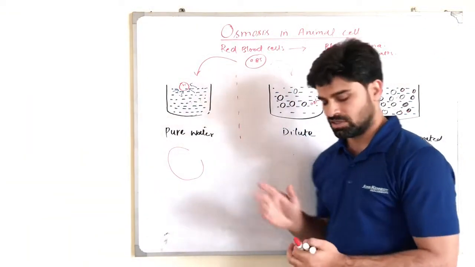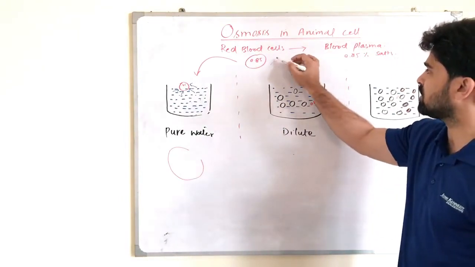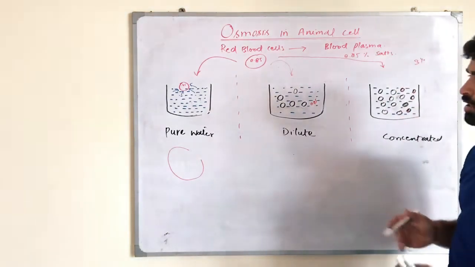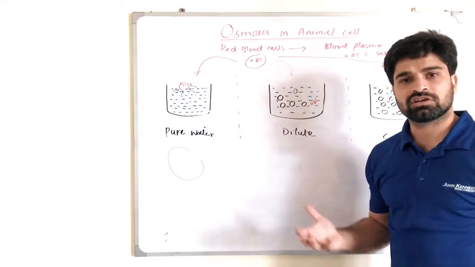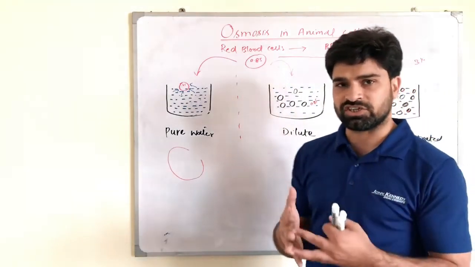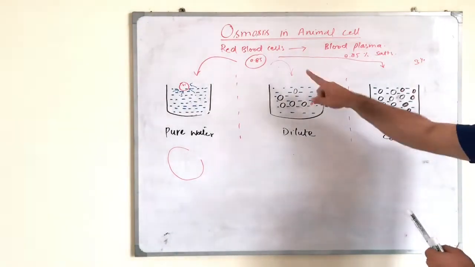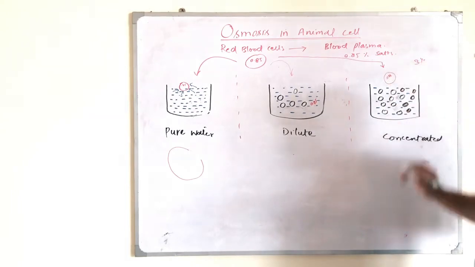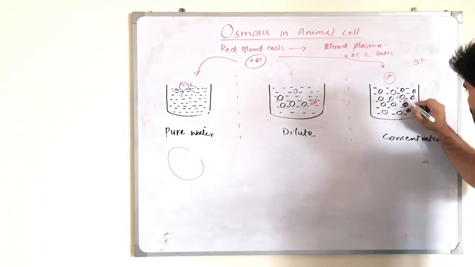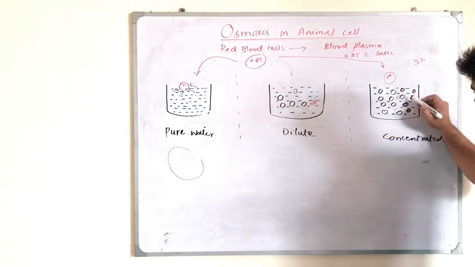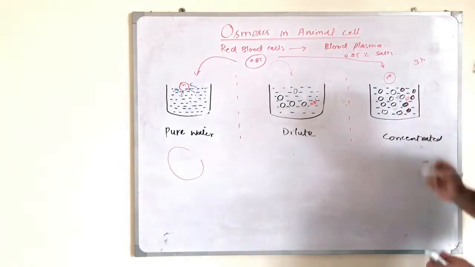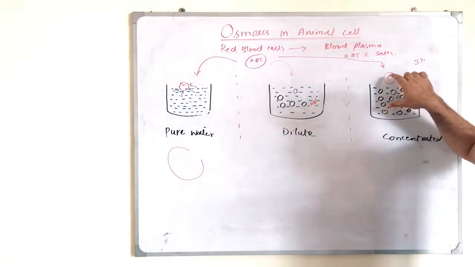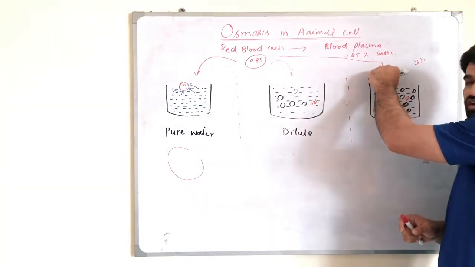Coming to the next case, if we put the red blood cell in a 3% solution, a more concentrated solution, what will happen to that cell? The red blood cell contains 0.85% salt solution, and the solution in the beaker contains 3% solution, that means this solution is more concentrated as compared to the inner side of the red blood cells.